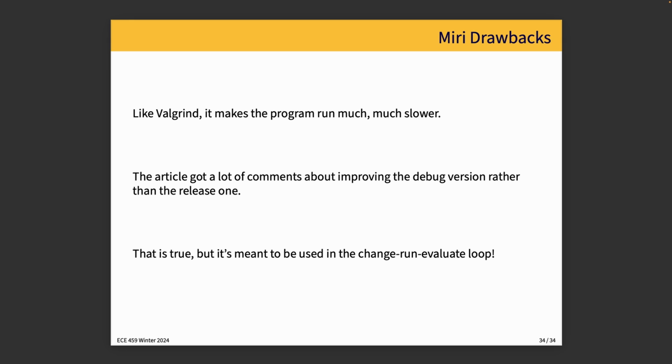But don't treat this as Miri tells you exactly what to do, right? Miri gives you an idea of what it might make sense to change. But the intention of this, and this is true for any of the profiling tools, is that it's meant to be used in this change, run, evaluate loop. That is to say, you've got a theory about what you're going to do, and that theory may be informed by any number of different things.